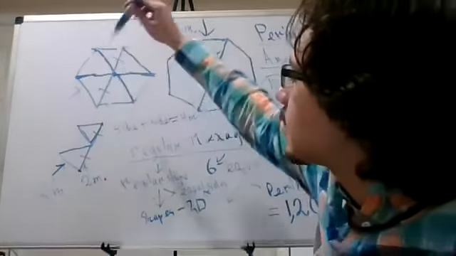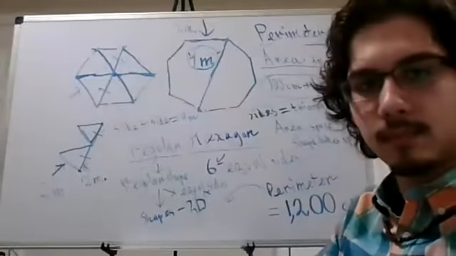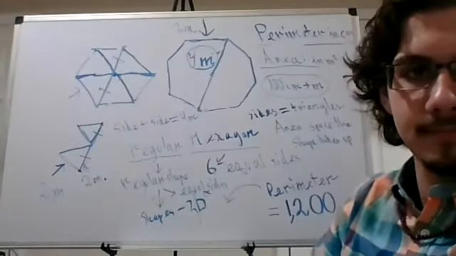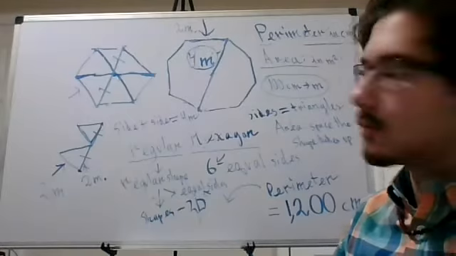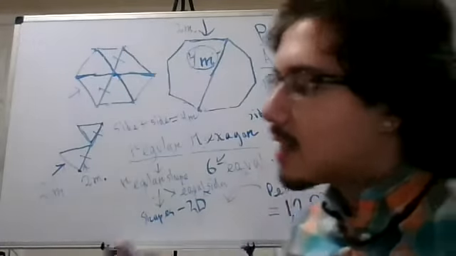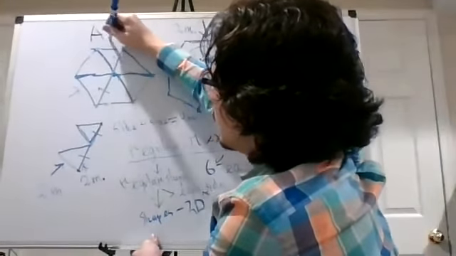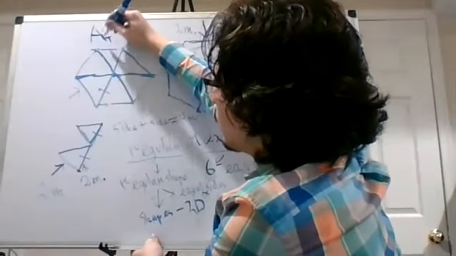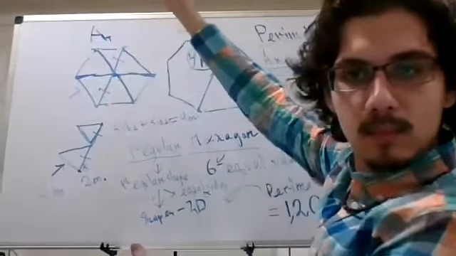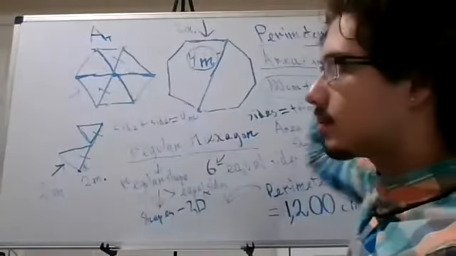Okay, Mr. Deo-chan, if we have the area of one triangle, could we figure out the area of the whole hexagon? I think so, sir. Okay, so how would we do that? Let's pretend that we have the area of a triangle. How do we take the area of one triangle to find the area of the whole hexagon?